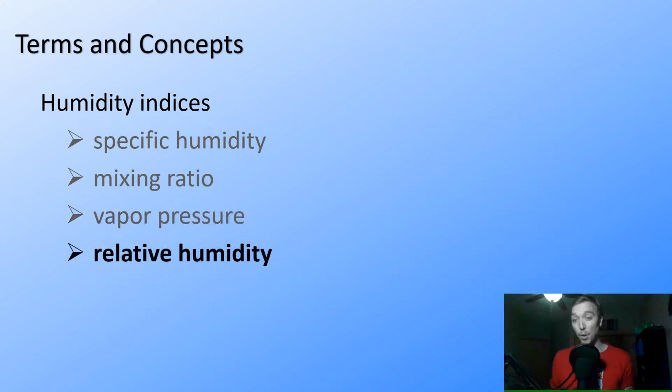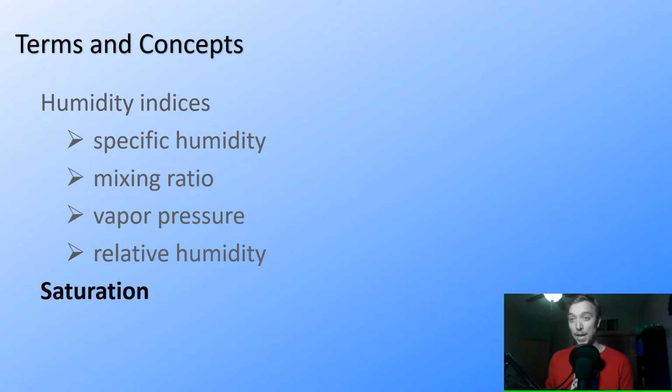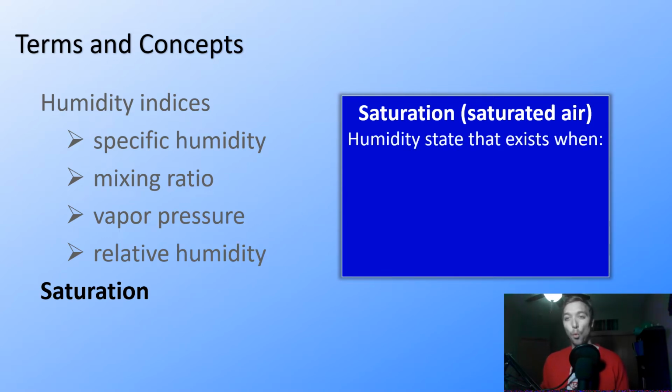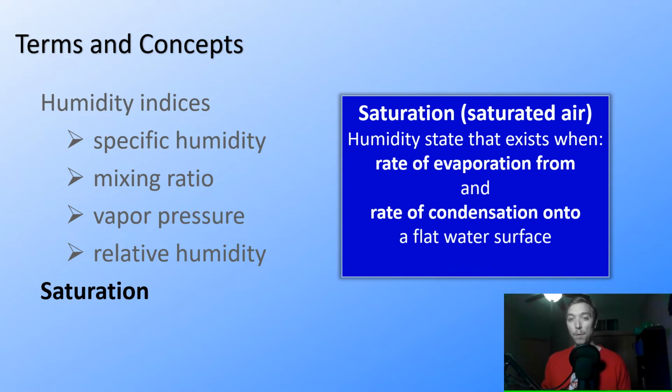We talk about relative humidity. So it's the ratio of actual water vapor content of air to what the water vapor content would be if the air were saturated. That word saturation, or saturated air, is a humidity state that exists when the rate of evaporation from and the rate of condensation onto a flat water surface are equal.